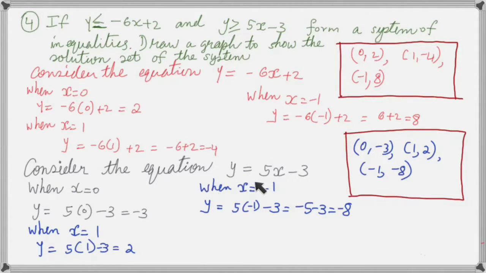Now consider the equation y equals 5x minus 3. Notice the similarities between this and this, okay? Here you have greater than or equal to, but here you have only equal to. When you plot this equation on a graph, you will get a line, okay?